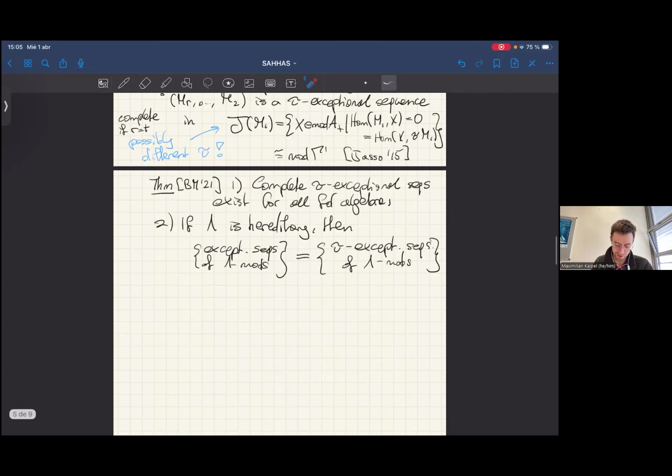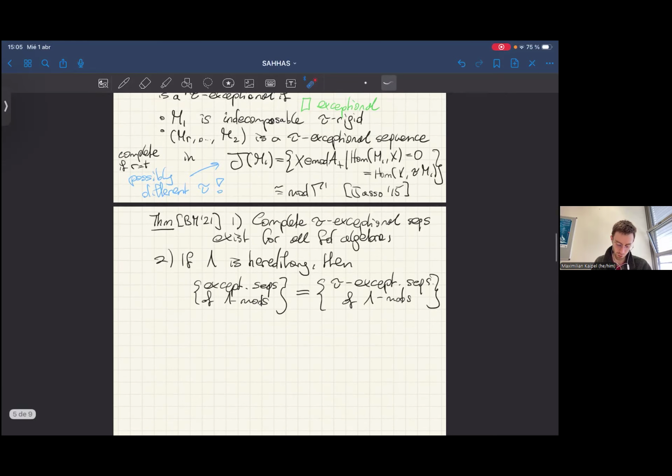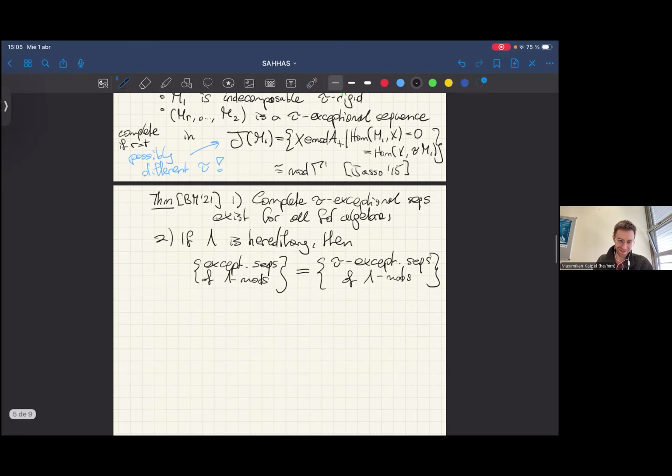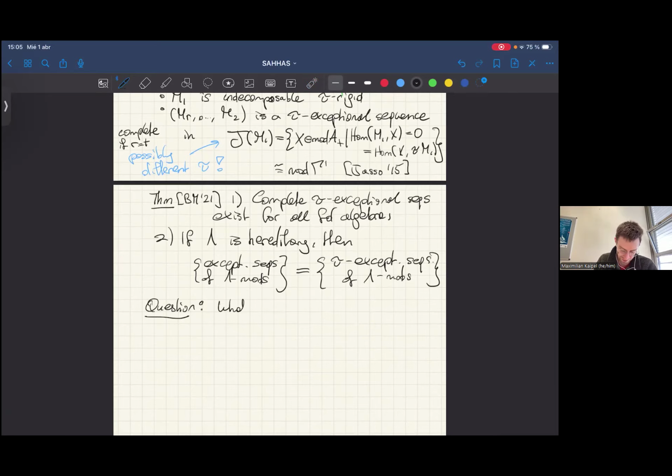This is roughly why something like that holds. But this, of course, poses the question, what is the relationship between these two types of sequences beyond the setting of hereditary algebras? And this was the starting point for my investigation, basically.